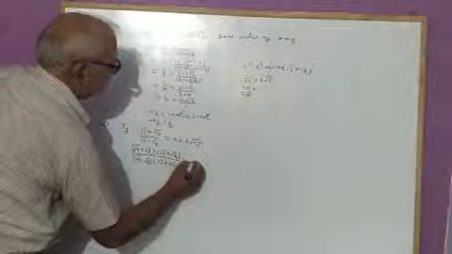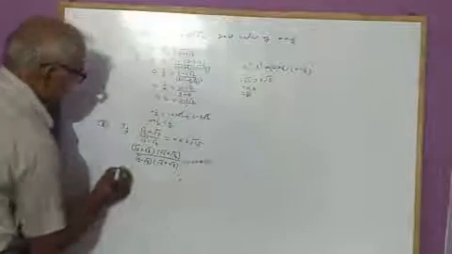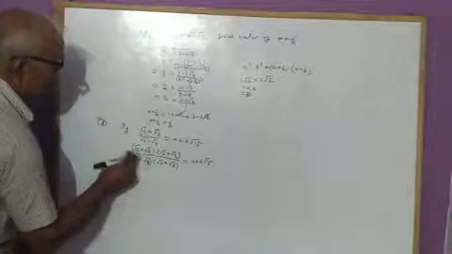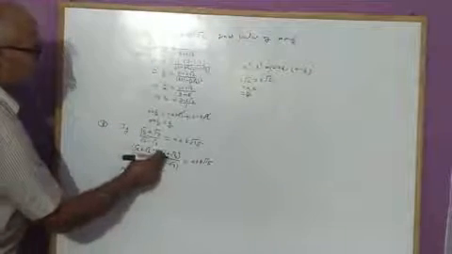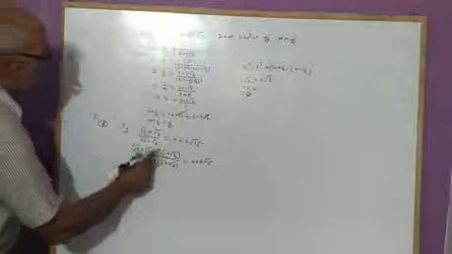This is equal to a plus b root 15. So multiply: root 5 into root 5 is root 25, the root of 25 is 5.